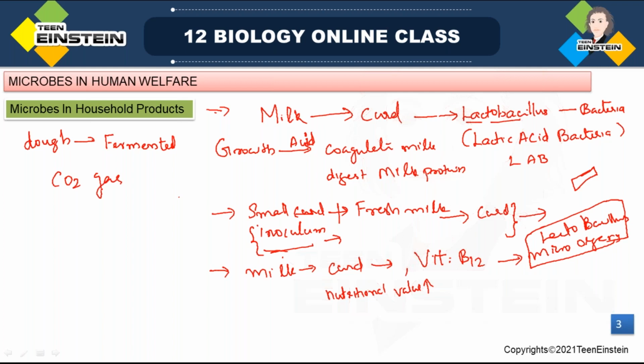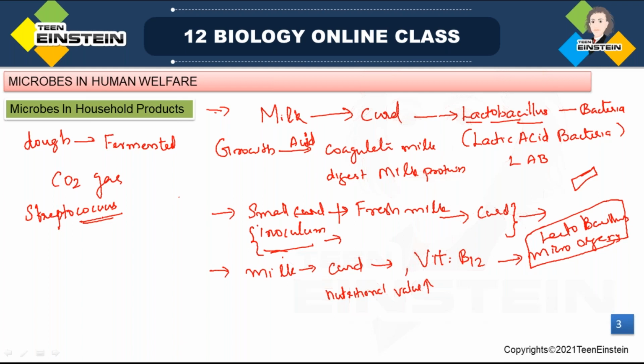Streptococcus species. Okay, Streptococcus species is helping. See, this is another shape, right? Here we have learned about bacillus. This is coccus. Okay, so Streptococcus, these are all helping for fermentation.